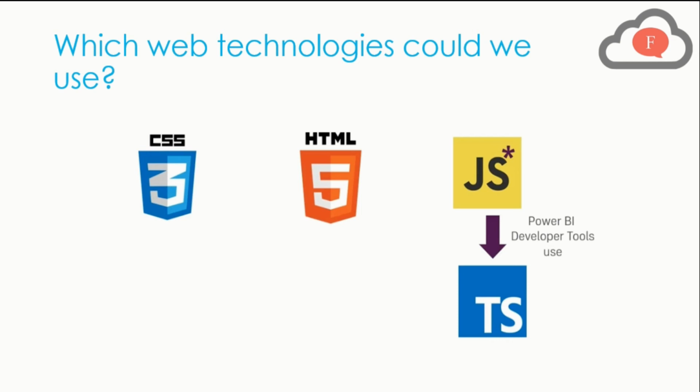I will cover it in my next part, but for now I will tell you that the Power BI developer tool actually uses TypeScript rather than JavaScript, but at the end when the compiler works, it always compiles all the language that you encode in TypeScript into JavaScript, because in Power BI JavaScript works, not TypeScript. Now let's go forward, and in your mind the question must arise: what is TypeScript?